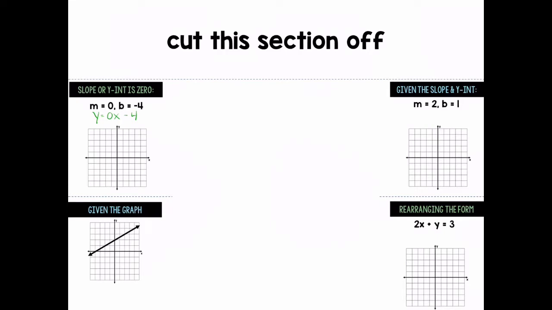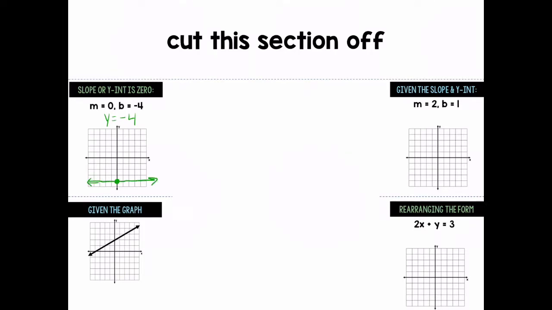So 0 times anything is just 0, and then that line ends up being y equals negative 4. We're going to graph that. When y equals a number, it's a horizontal line. So I'm going to go to negative 4 on the y-axis, 1, 2, 3, 4, and it's going to be a horizontal line.